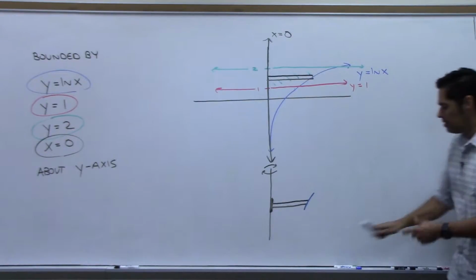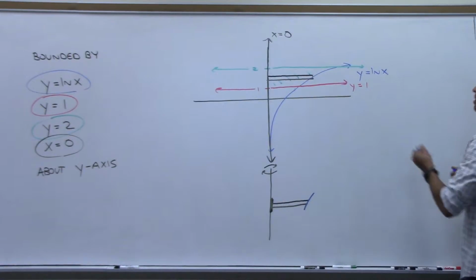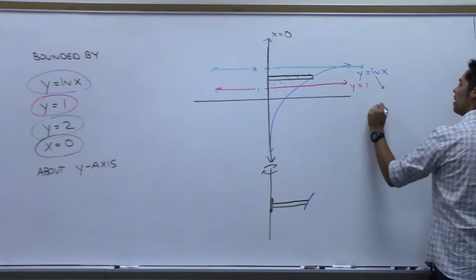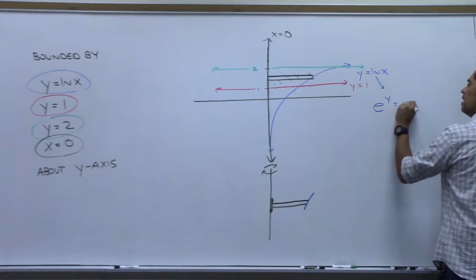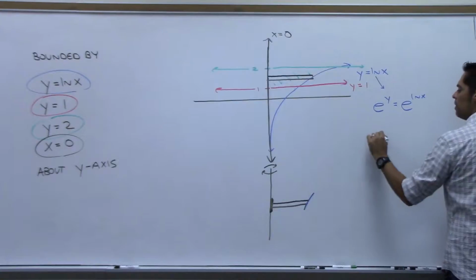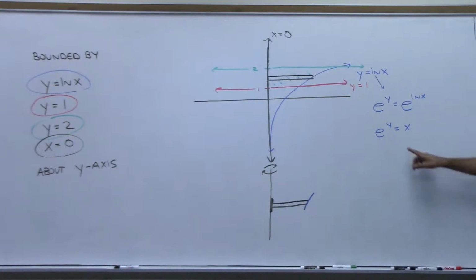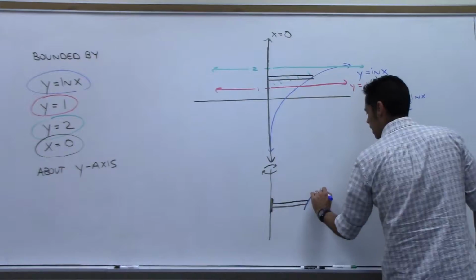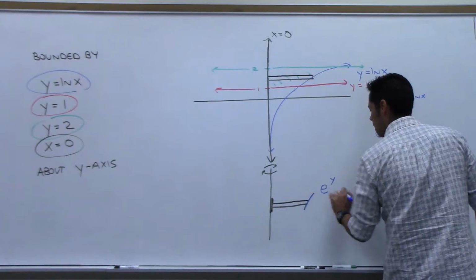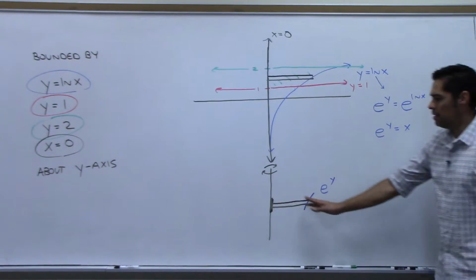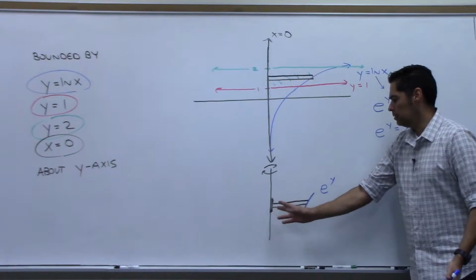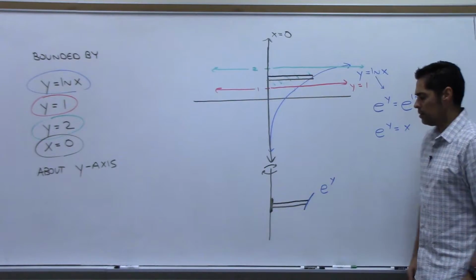So because I'm sideways, I'm going to convert this: e to the y equals e to the natural log x, which means e to the y equals x. This is my function of y. Understand that? So this blue curve is e to the y. And then what's the black curve over here? 0, right?